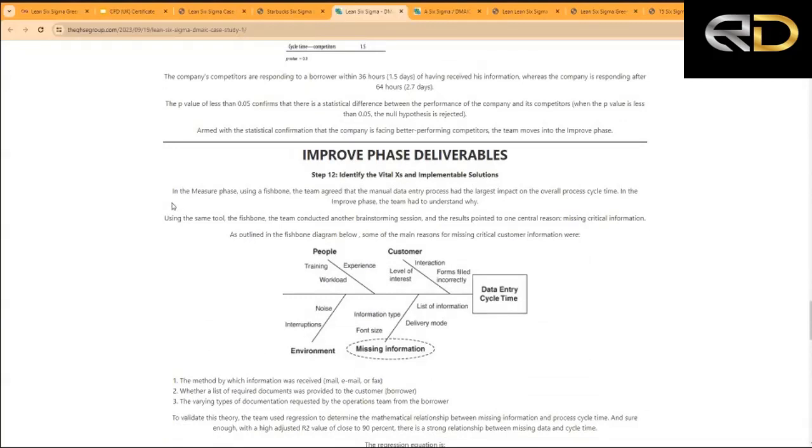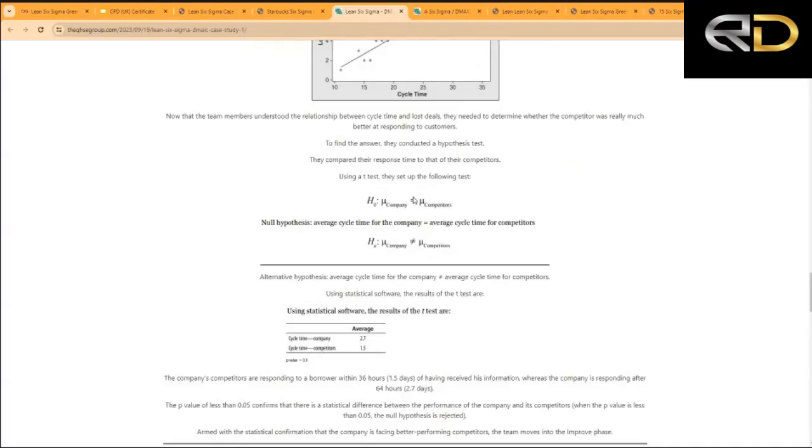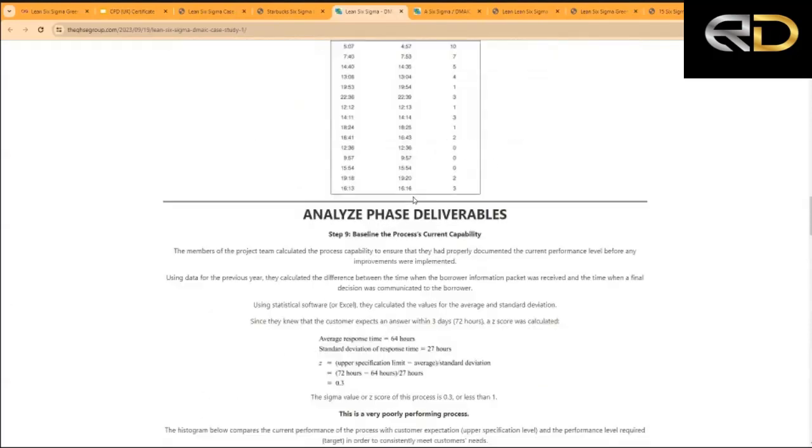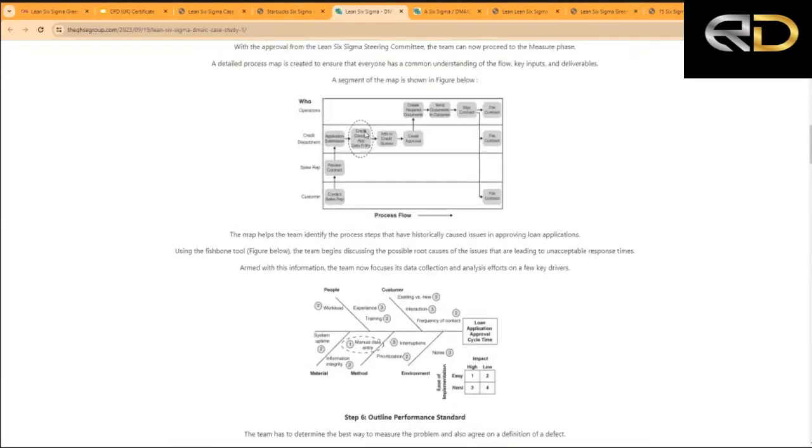So what you do here now, you first of all go back to the measurement phase to pick up that critical to quality characteristic, where you link the customer critical to quality to a measurable process. And in that measurement phase, in this case, the team agreed that the manual data entry process had the largest impact on the overall cycle time. So manual data entry cycle time is the one that had the largest impact.